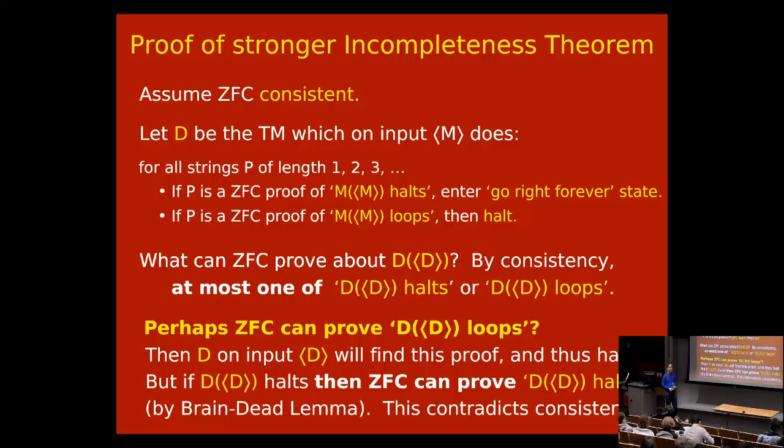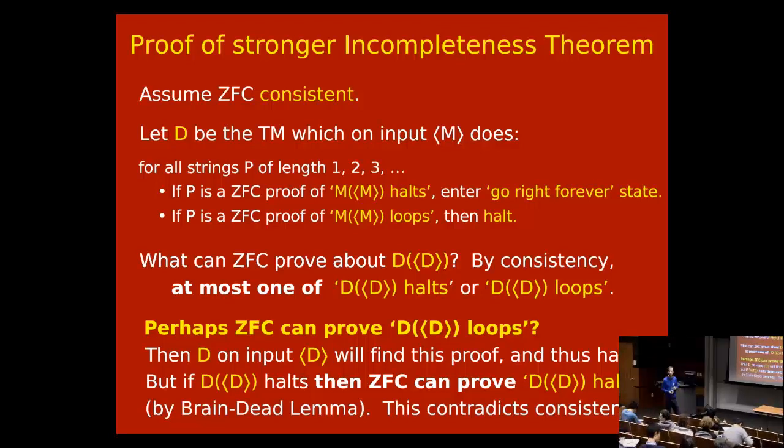Okay. Any question? Yeah. So when we say that we can prove D of D loops, we're never saying that D of D actually loops. Yeah, here we're doing a little proof by contradiction. We're assuming that ZFC can prove the statement D of D loops. And from that, we're deducing that in reality, D of D will actually halt.